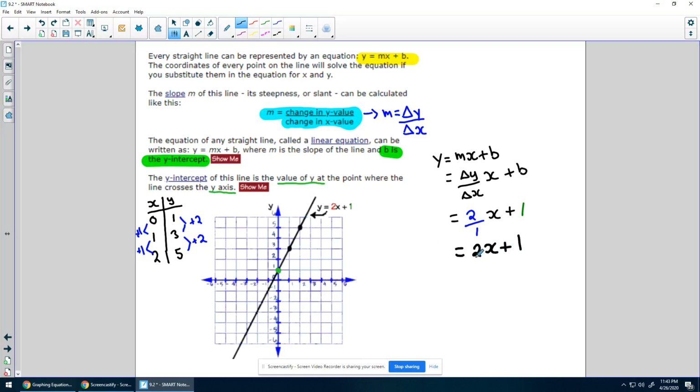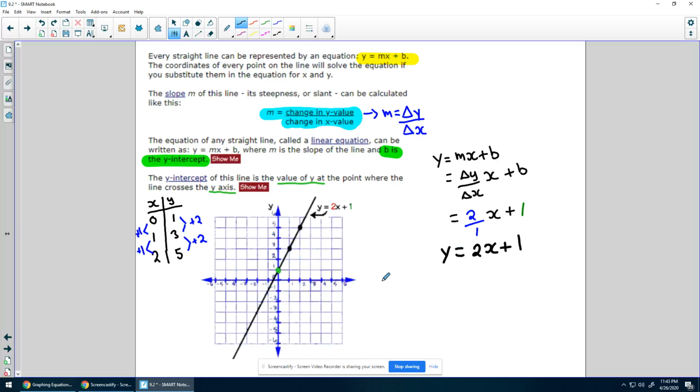So this is our linear relation. Now it's our linear equation. We can check to see if this equation is correct by substituting in our values from our table or from our graph.